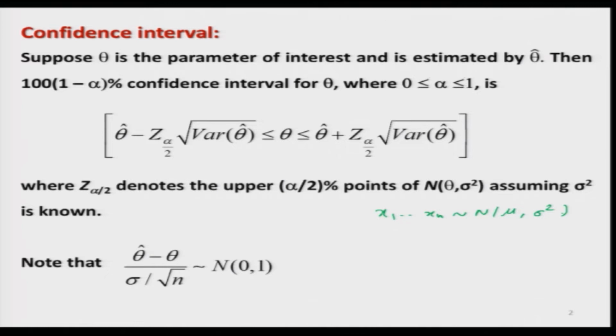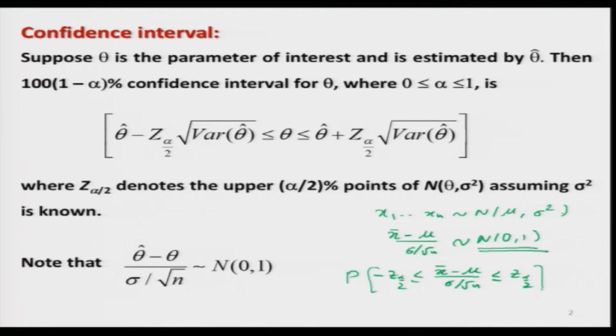In this case we know that x bar minus mu upon sigma by root n follows a normal 0 1 distribution, and this is the sampling distribution of x bar minus mu divided by sigma by root n. Based on that, we write that x bar minus mu upon sigma by root n will lie between minus z alpha by 2 and z alpha by 2, and the probability of such an event has to be 1 minus alpha, where alpha is lying between 0 and 1.